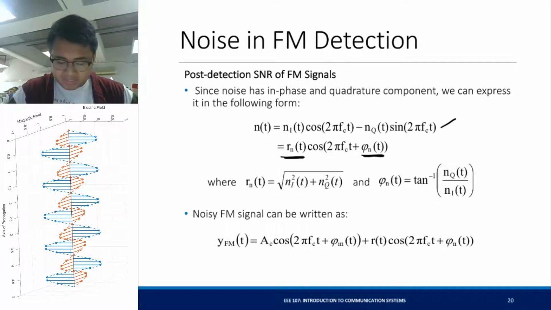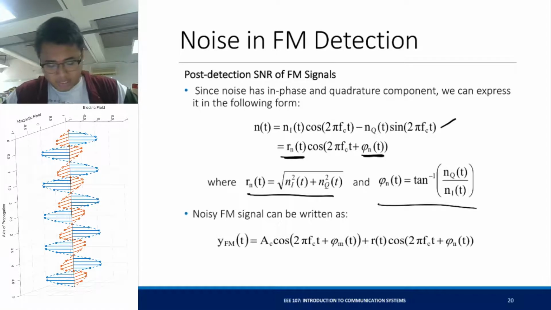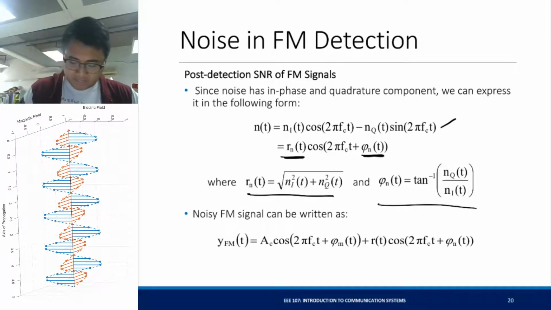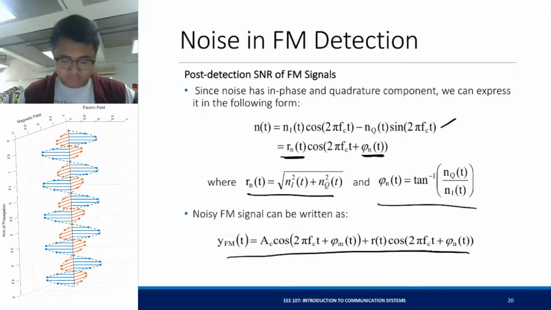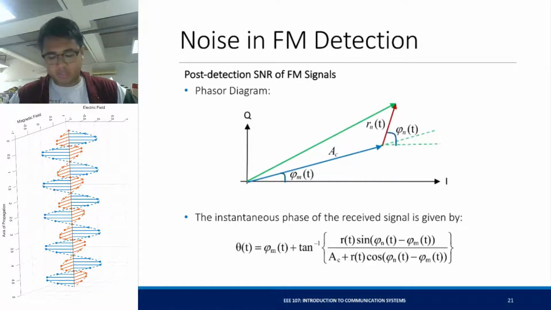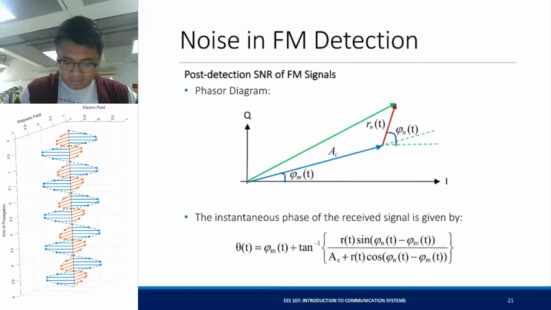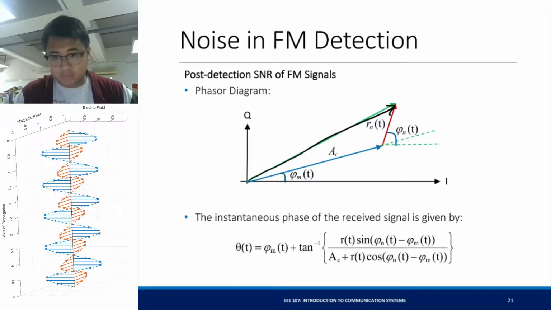So this is where this equation came from. And the noisy FM signal can now be rewritten as such, right here. Since they are phasors, we can solve for their resultant by using vector analysis.